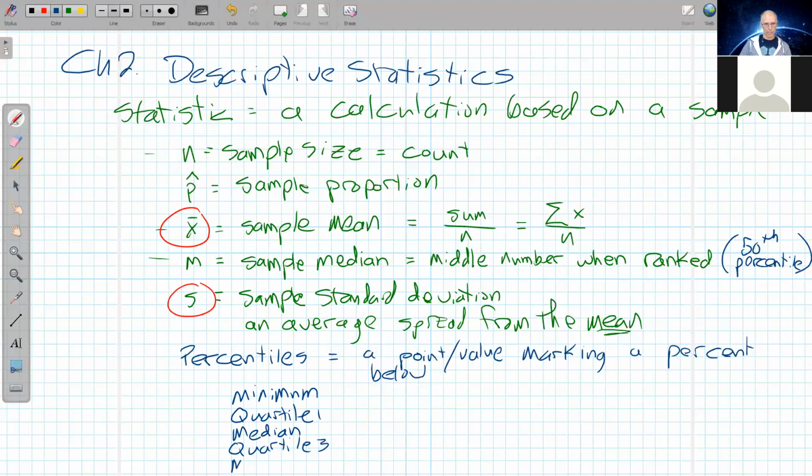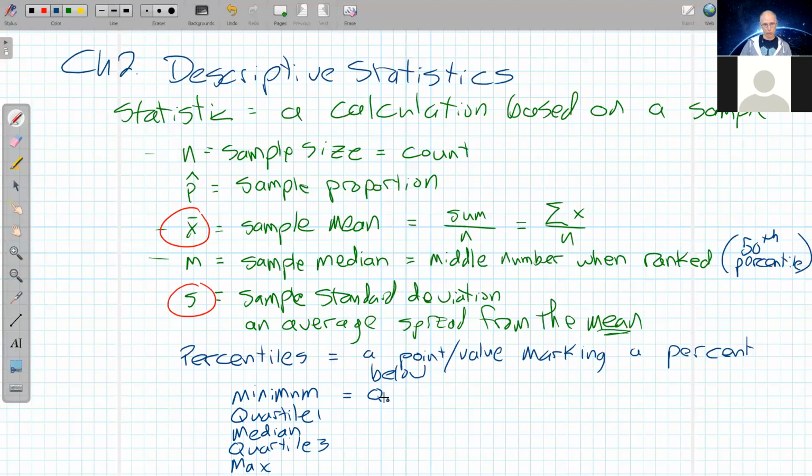And then the maximum. So I'm just going to write these down a couple of different ways. The minimum can be considered to be quartile 0. And we got to distinguish the word quartile versus quarter. I'll talk more about that later. Quartile is a position that marks the end or beginning of a quarter, usually the end of a quarter.